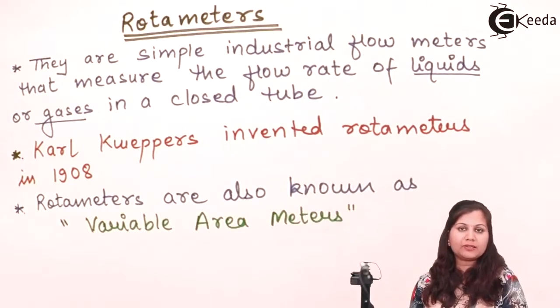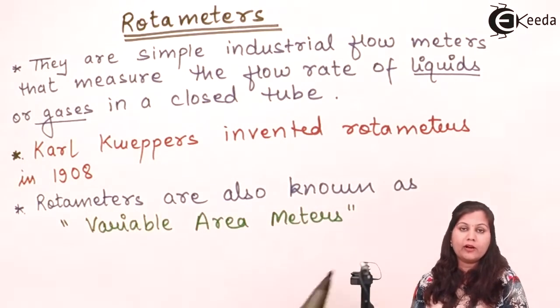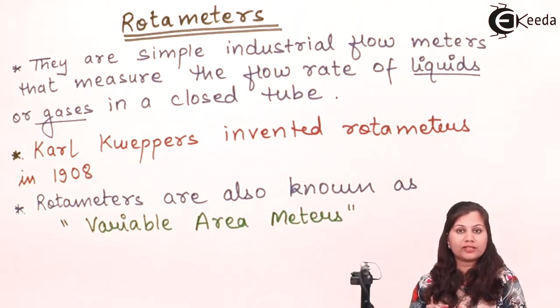So rotameter is a type of variable area meter where the flow rate is measured by measuring the change in the cross-sectional area of a tube. Because flow rate is measured indirectly, by measuring the change in the cross section, they are known as the variable area meter.